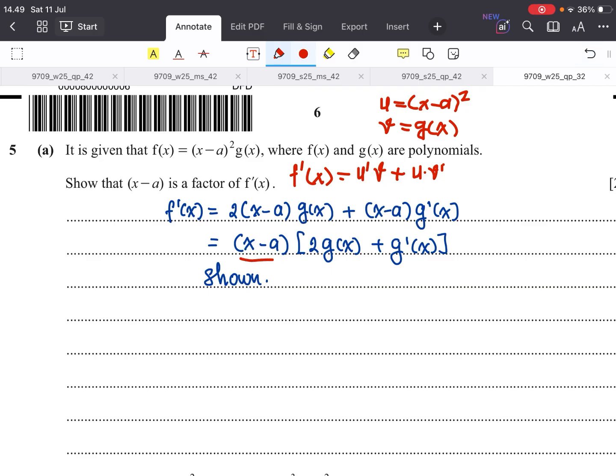So x minus a times (2g(x) plus (x minus a) g prime x). And then since one of the factors is x minus a, we can say that this expression can be divided by x minus a. And therefore, x minus a is a factor of f prime x.